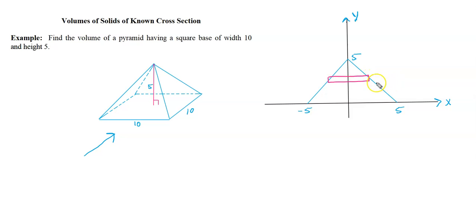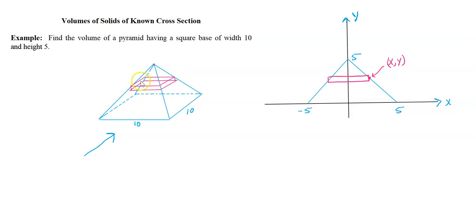Here's one rectangle. Let's label this point right here as x comma y. Now this slice over here would actually look like this. So that's approximately what this rectangle looks like over here in 3 dimensions.